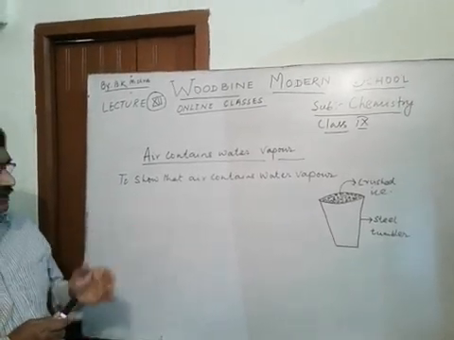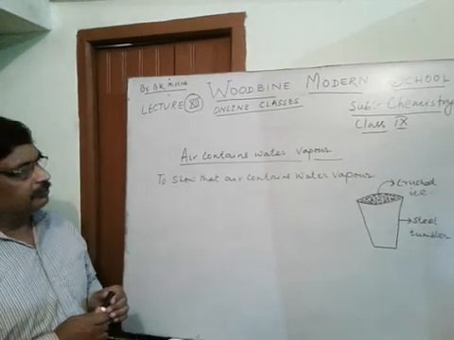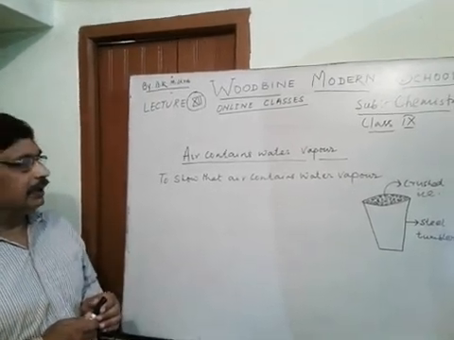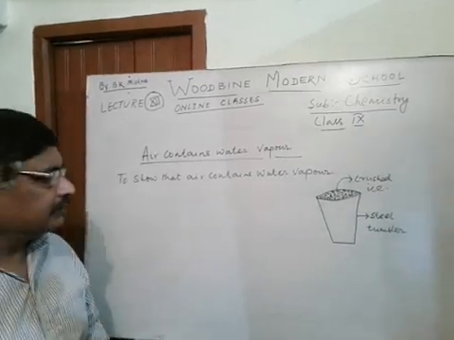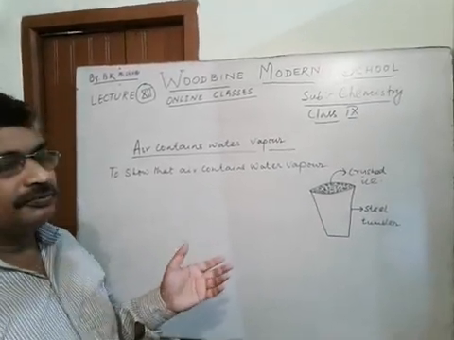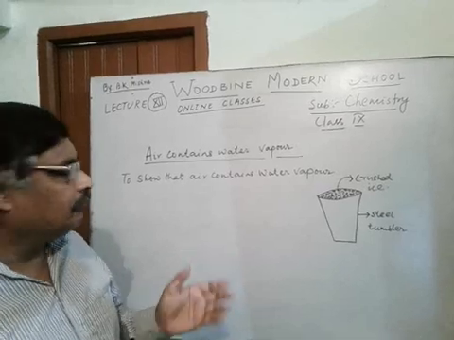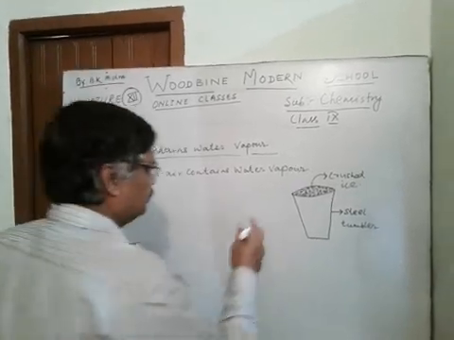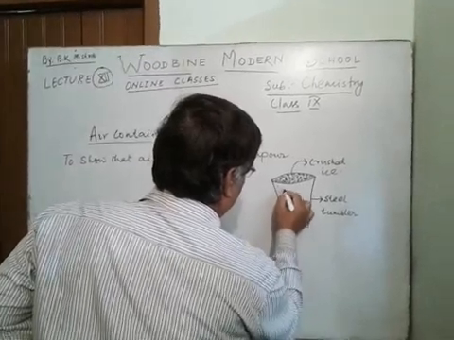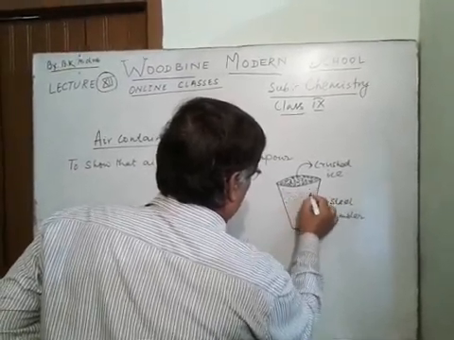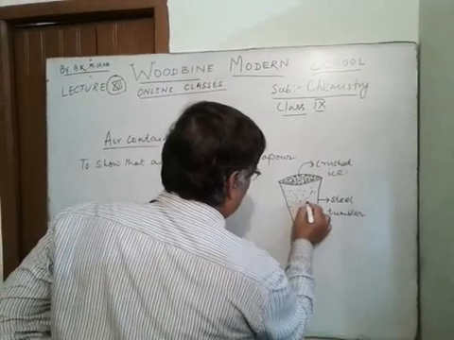Now we leave this steel tumbler undisturbed for about 5 minutes, and after 5 minutes we observe that there are a large number of tiny droplets of water which stay on the outer surface of this steel tumbler.